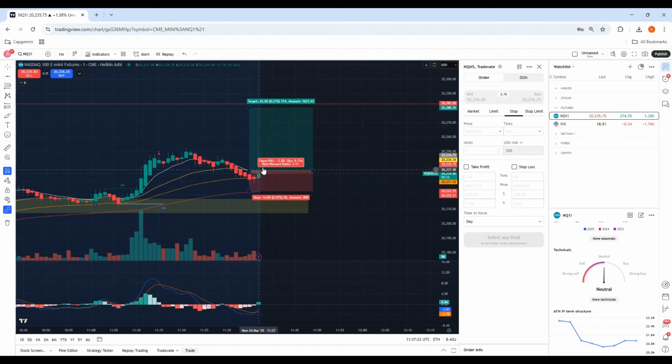Yeah, so if we close up here, up above the 25 and up above the 9 EMA, I'm going to take that long.